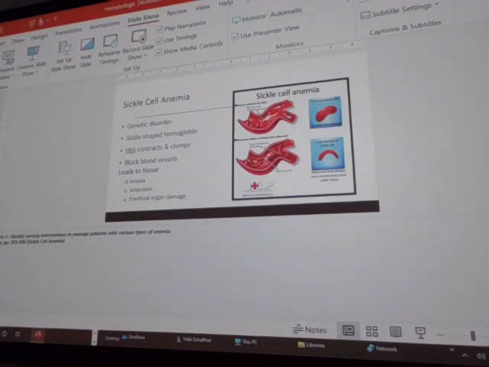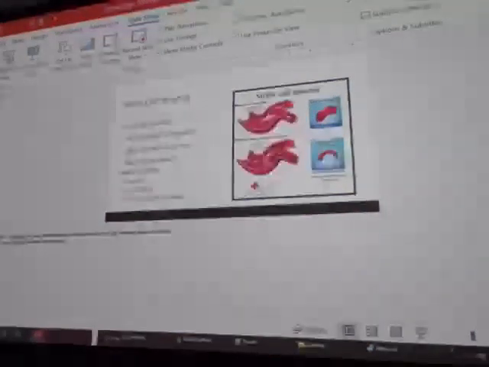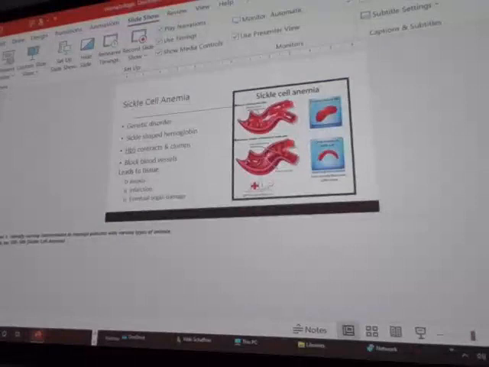You're going to have to look up the pathophysiology as well, because if a person with sickle cell senses a change in oxygen levels, that's all it takes, the red blood cells, instead of being round, turn to a sickle shape, which wreaks havoc when they're traveling.